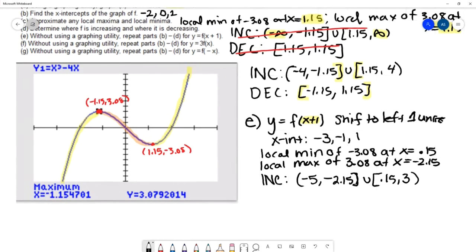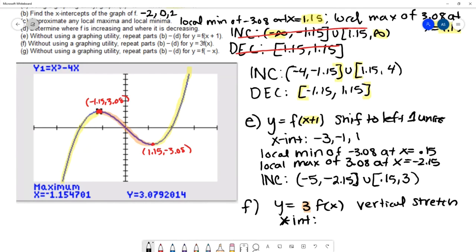So then we want to do this again, but for the function y equals 3 f of x. So multiplying by a 3 onto our f of x is a vertical stretch. So it is not going to affect our x-intercepts because the y-coordinate is a 0.